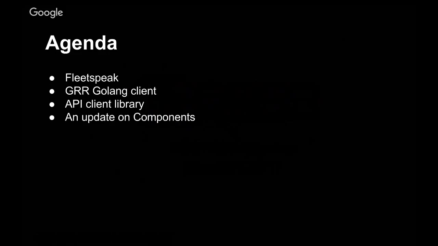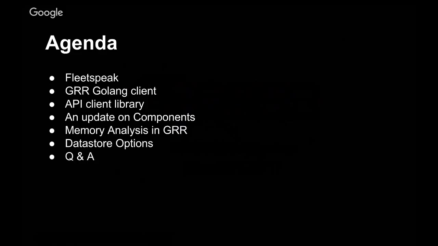And then I'm going to give a bit of an update on the components that we use in GRR, about the memory analysis, the changes there. And last but not least, we're going to have a little update on the Datastore Options available to open source users. And then we will do the Q&A. So we'll jump right in. I'm going to hand over to Ben, who is going to do the part about Fleetspeak.